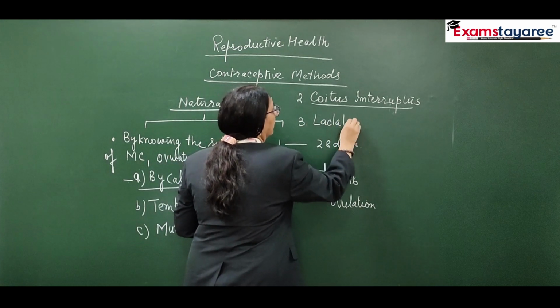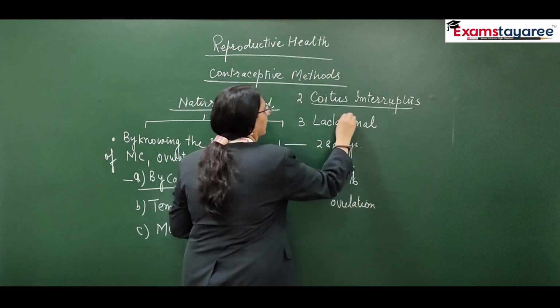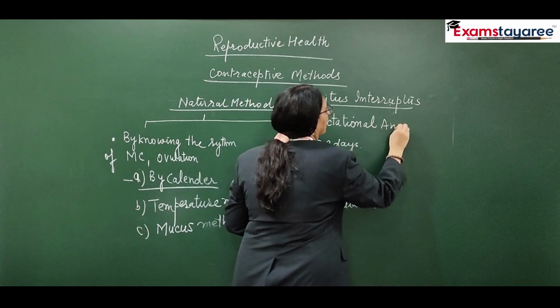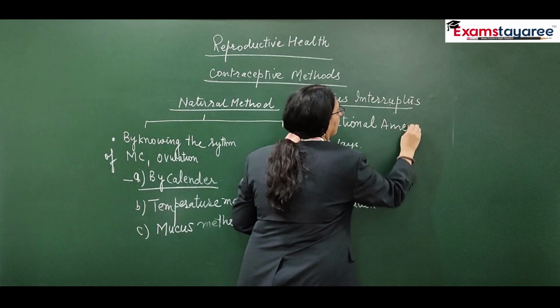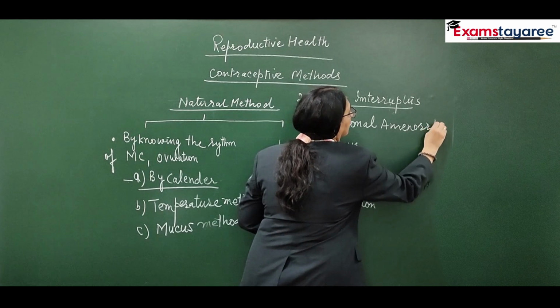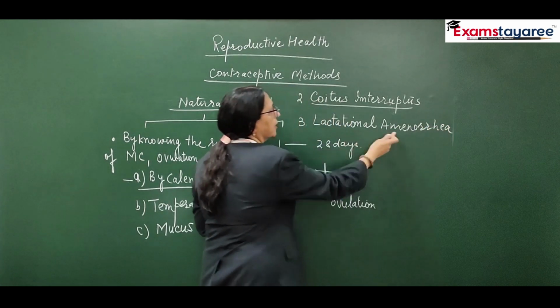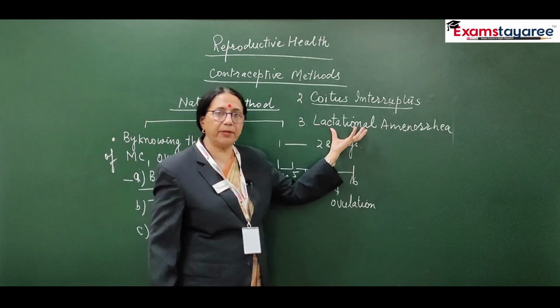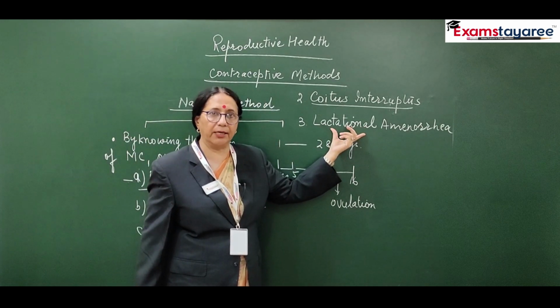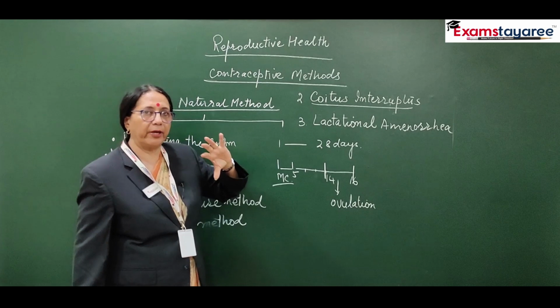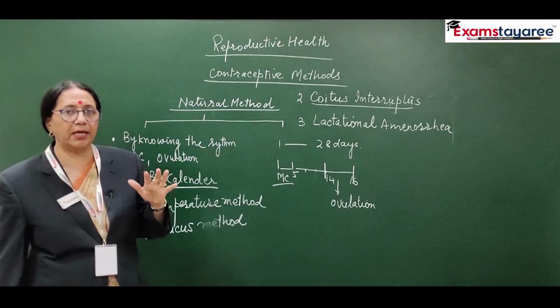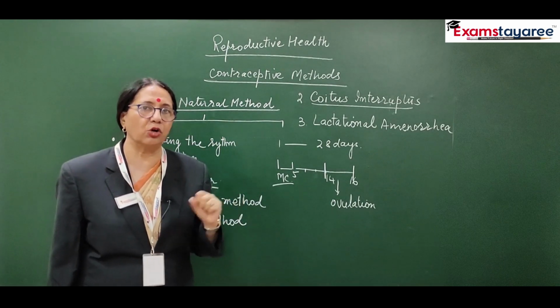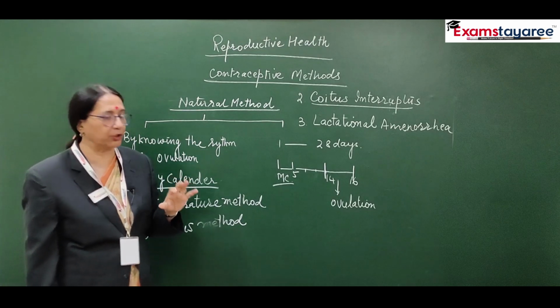lactational amenorrhea. Lactational means when the mother is nursing the child. So, when she is nursing, it is said that ovulation does not take place, ova do not get mature.